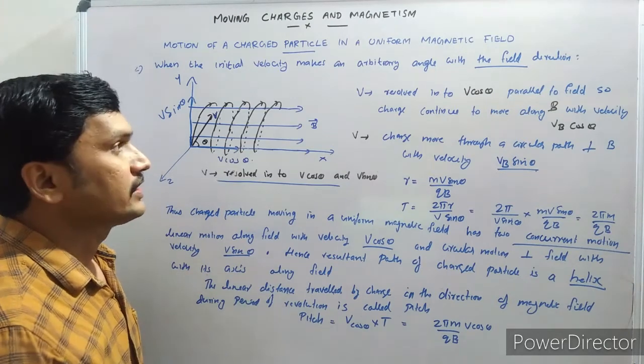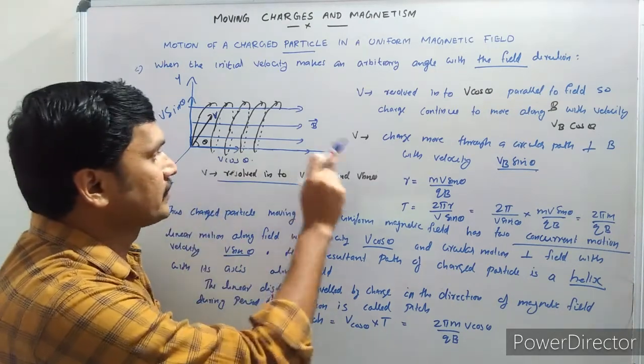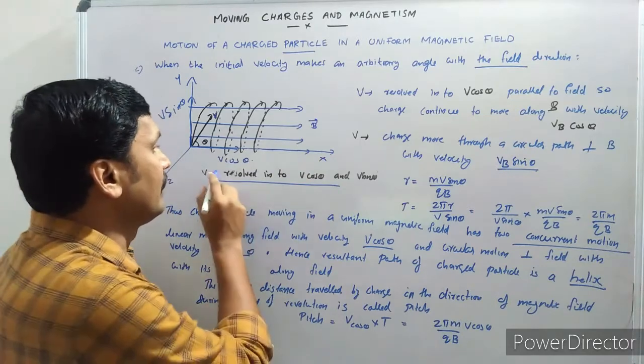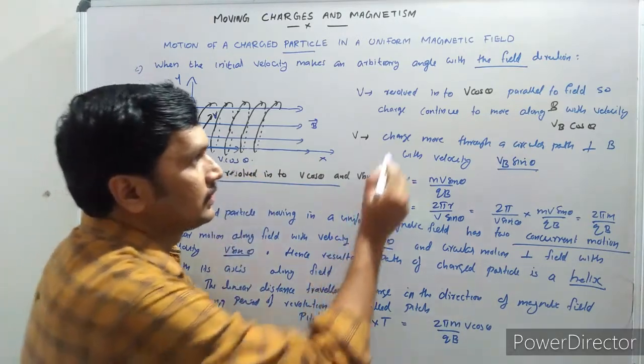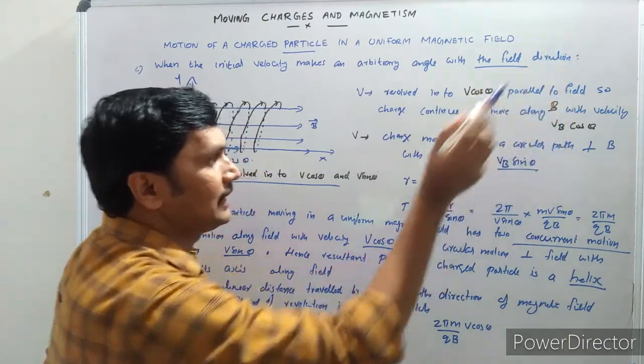Now, the charge moves along the direction of the magnetic field with the velocity v cos theta, which is parallel to the magnetic field.